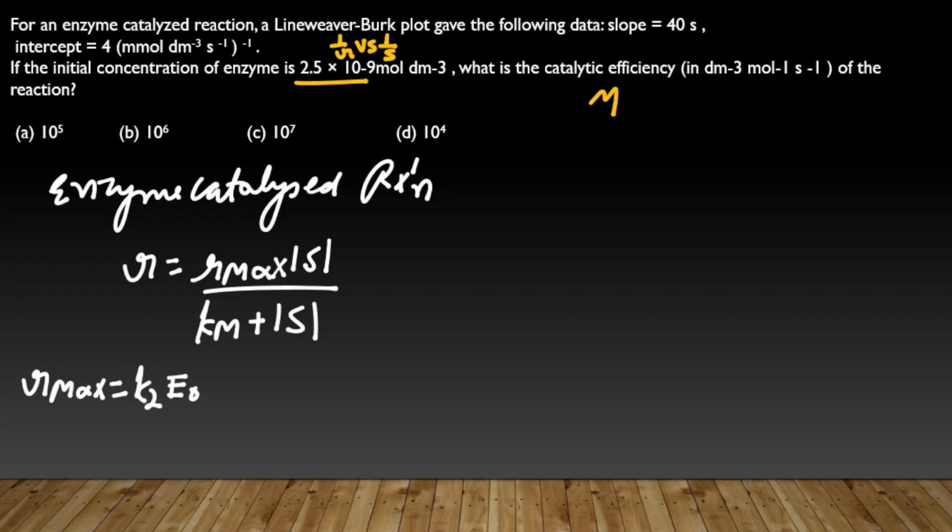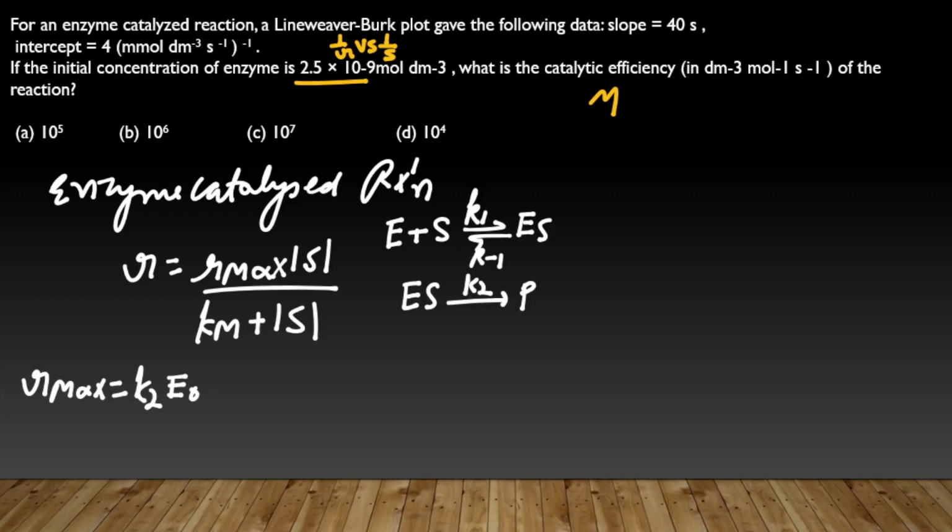How is the reaction taking place? Enzyme plus the substrate, they both combine, forming the intermediate ES. The rate constant is K1, this is K inverse, and then in the second step ES gets converted into the final product with the rate constant K2. So this is the R max value, S is the substrate.